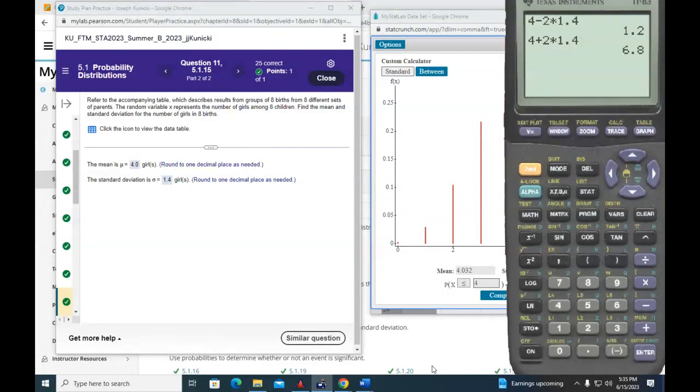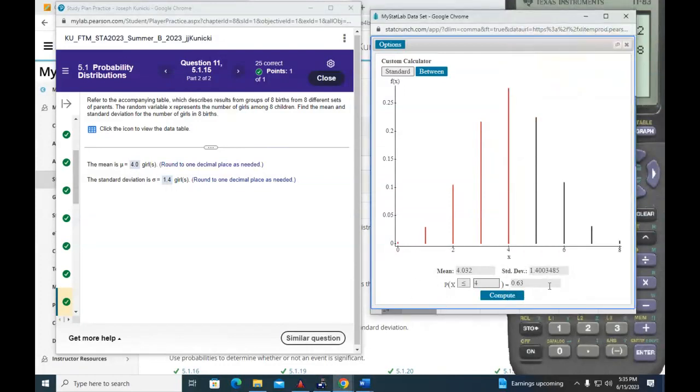I cannot include 7 and 8 because they're greater than 6.8. So my confidence interval won't include this. There's my confidence interval. So these should be considered statistically significant.